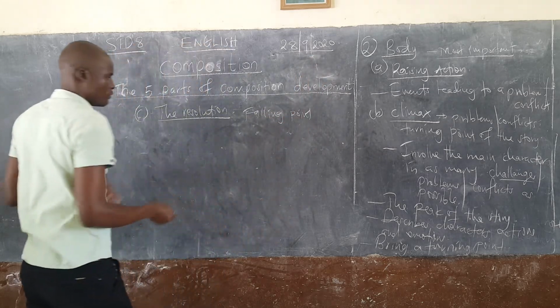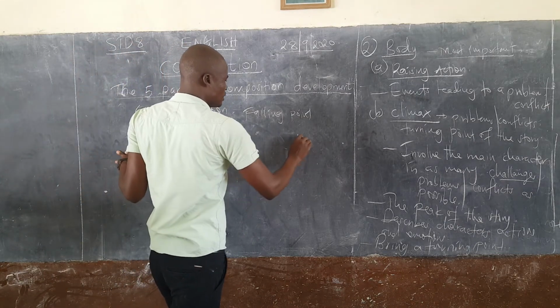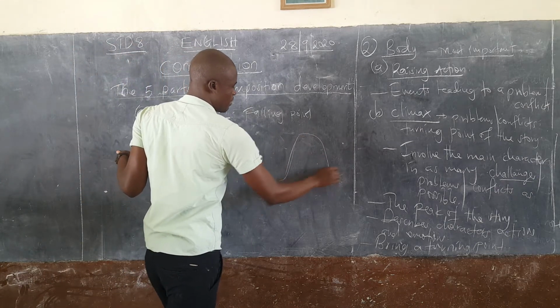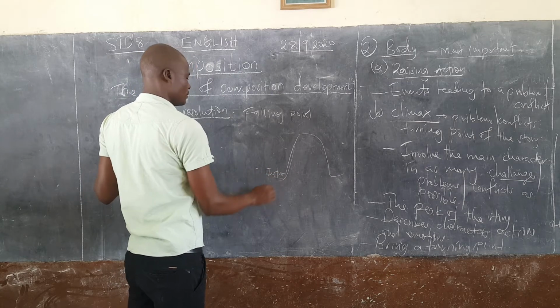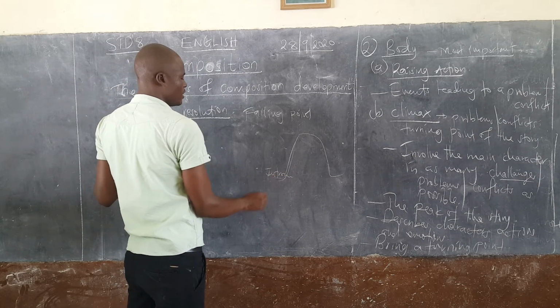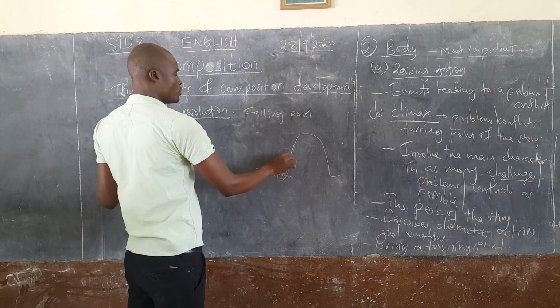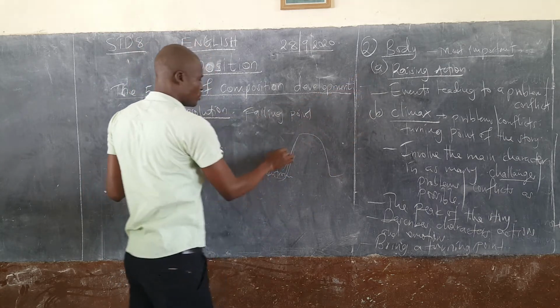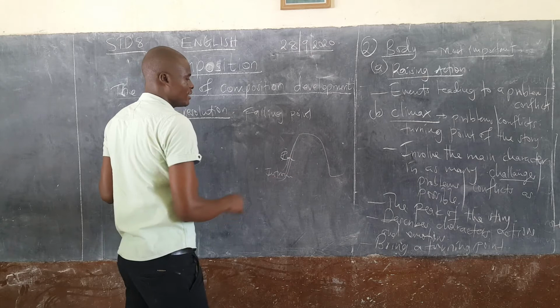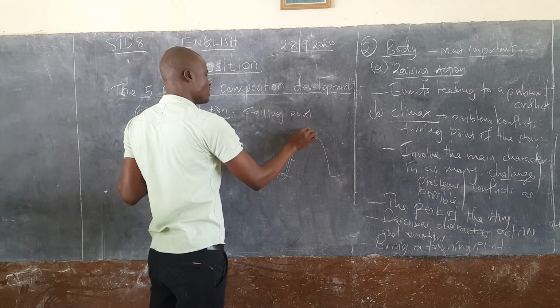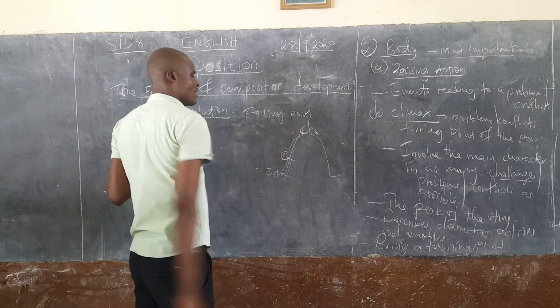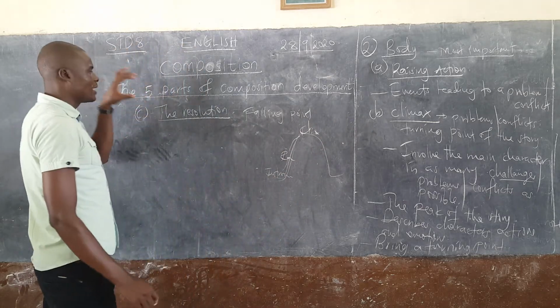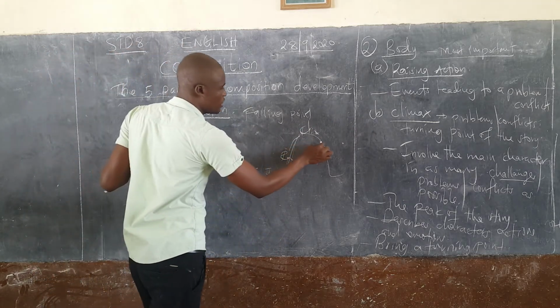I drew our mountain. Let me do it well for you to see. Our mountain looked like this, a very steep mountain. You began the introductory part here. Introduction was here, then you have gone to the composition, up to the raising action. The climax is there. And then we are now going to the resolution, where this is the falling point.